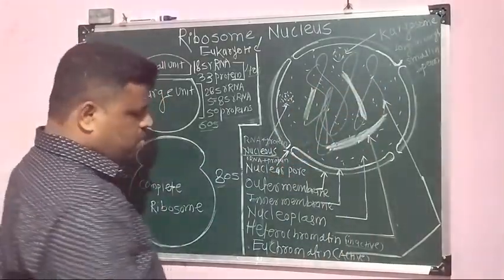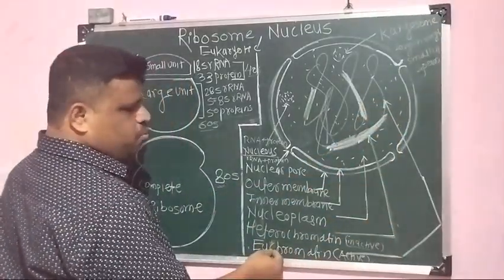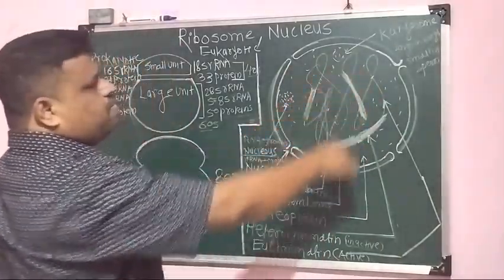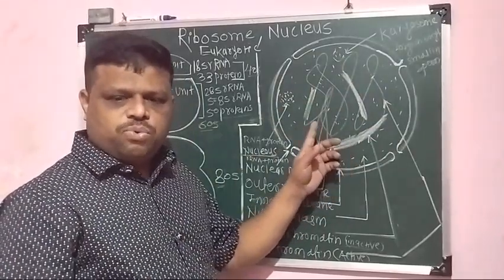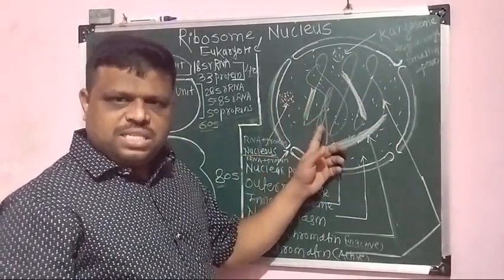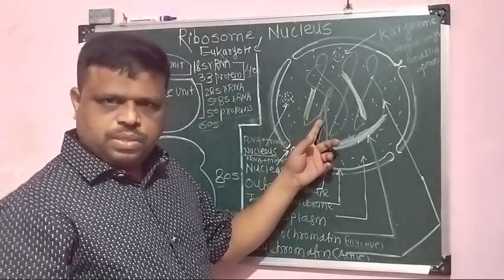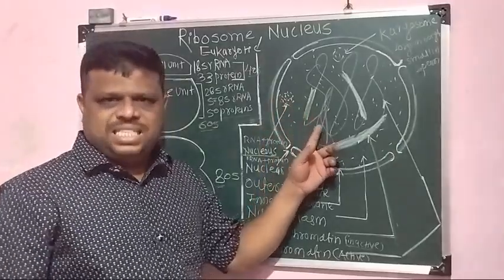Dark structures are known as heterochromatin, while thin structures are known as euchromatin. After some period, this entire genetic information or chromatin network undergoes condensation and reveals a definite number of chromosomes. Understood? That depends again on the species.